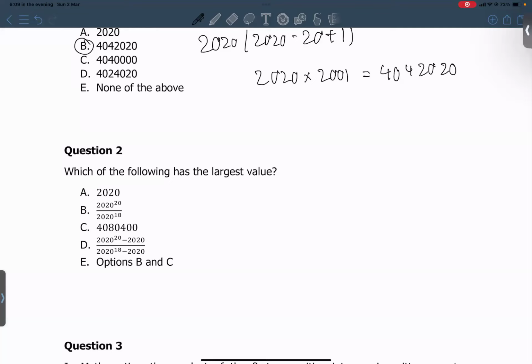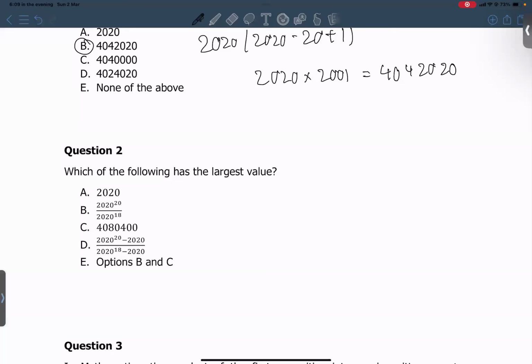A: 2020. B: 2020 to the power of 20 over 2020 to the power of 18. C: 4,080,400. D: 2020 to the power of 20 minus 2020 over 2020 to the power of 18 minus 2020. E: option B and C.